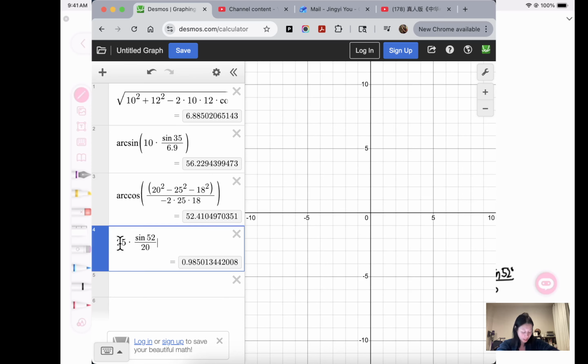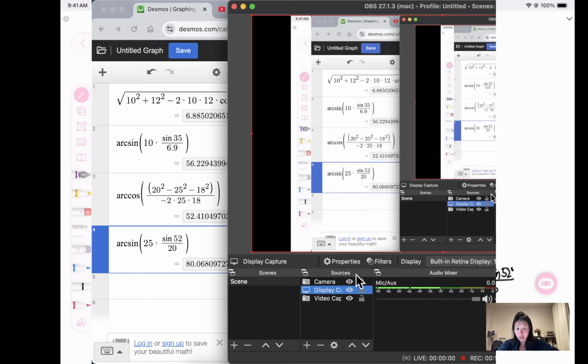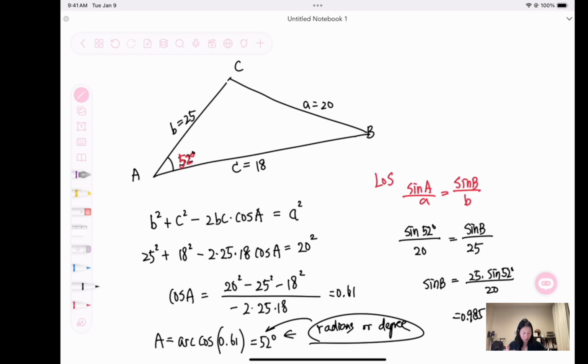Again, this answer is sine B. So that means we need to find the inverse function for that, which is arc sine of 0.985, which gives you 80 degrees. So that means angle B is equal to 18 degrees.